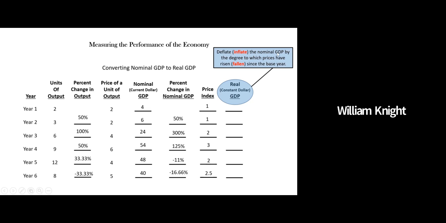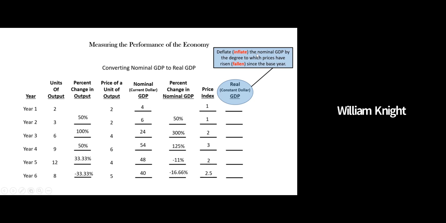We deflate the nominal GDP by the degree to which prices have risen. Or another way of reading this is we inflate the nominal GDP by the degree by which prices have fallen since the base year. And that's what this computation is doing.